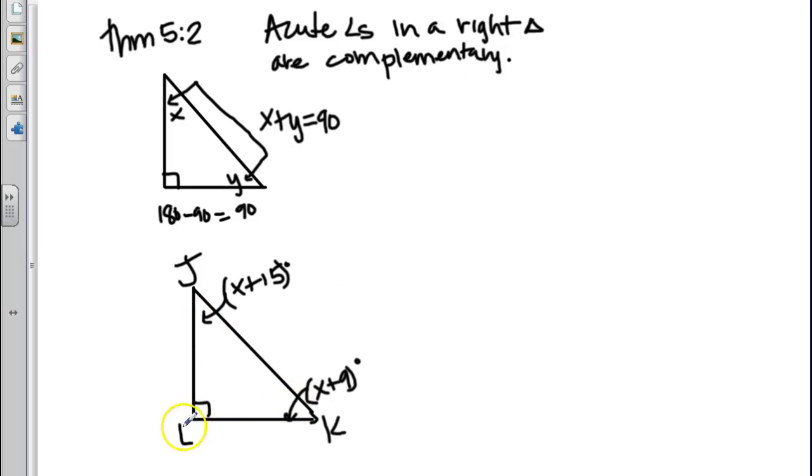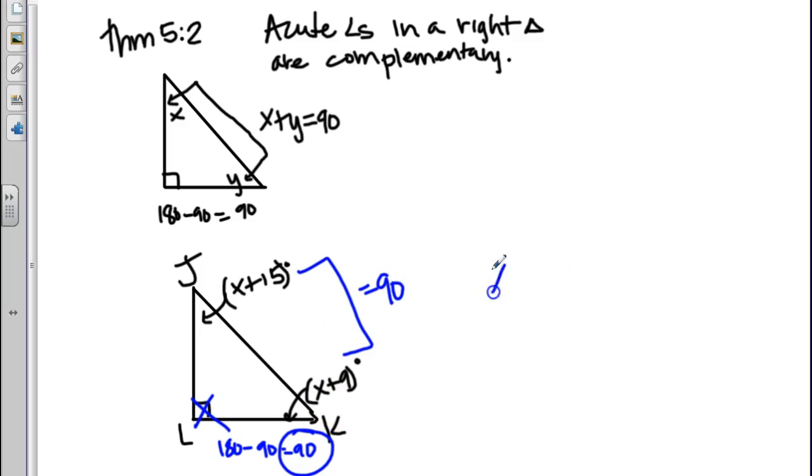We can add all three together and set it equal to 180, but we can also take a shortcut. Let's take the 90 out. 180 minus 90 leaves me 90. So these two must add to be 90 degrees.